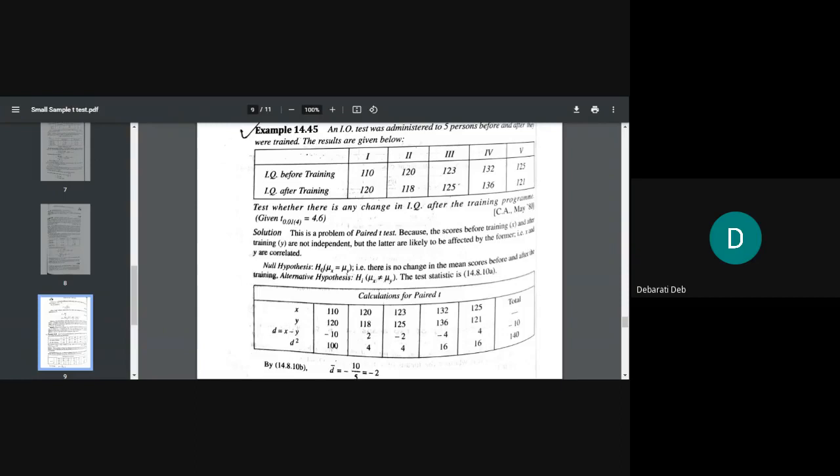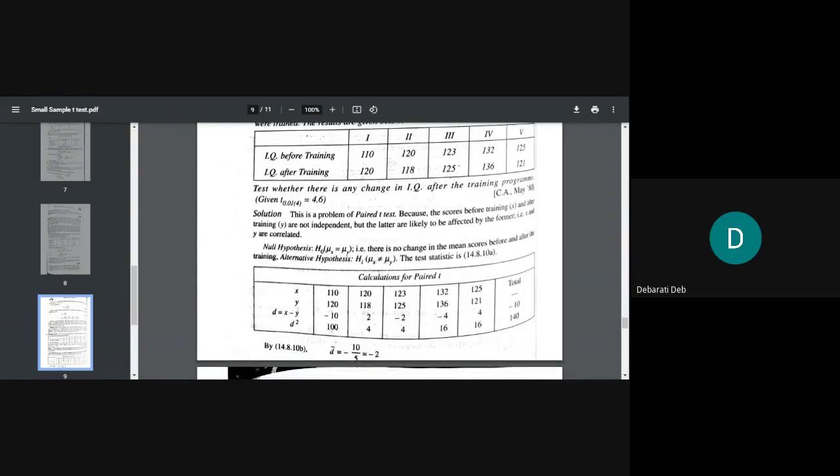This is a problem of paired t-test, we all know it. So let us write the null hypothesis first. How will you write? The null hypothesis will be that the mean of the data before training is equal to the mean of the data after training. Let us denote the IQ before training by X and the IQ after training by Y. So you will write the null hypothesis H naught: mu x equals mu y.